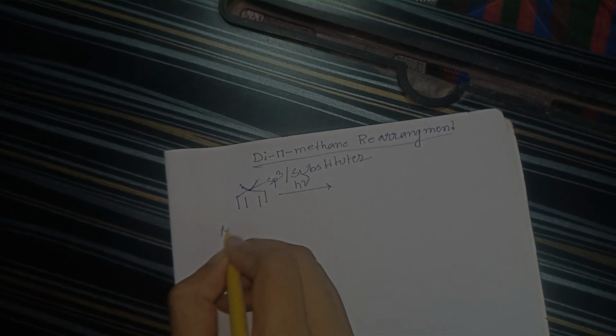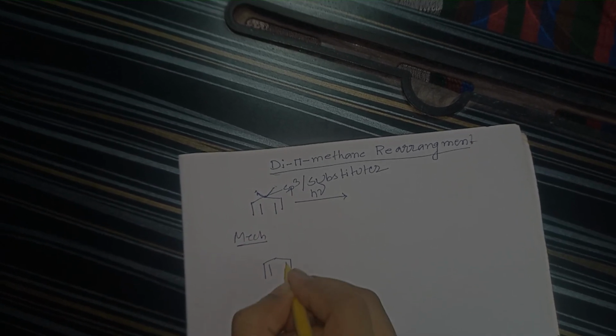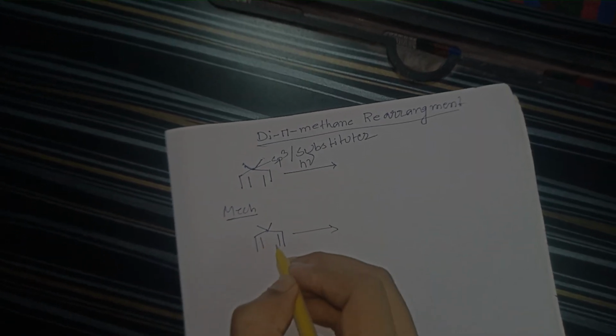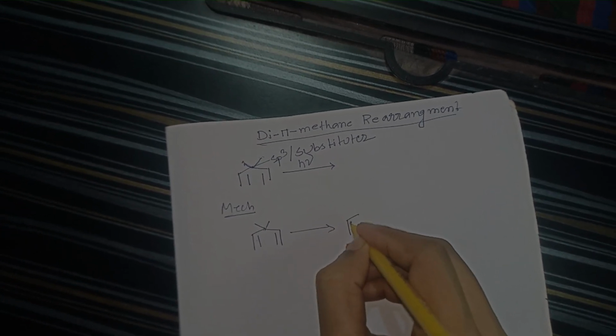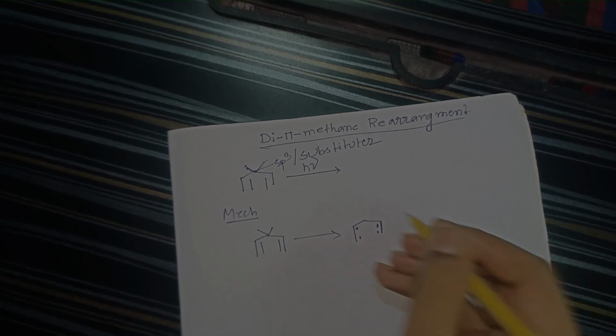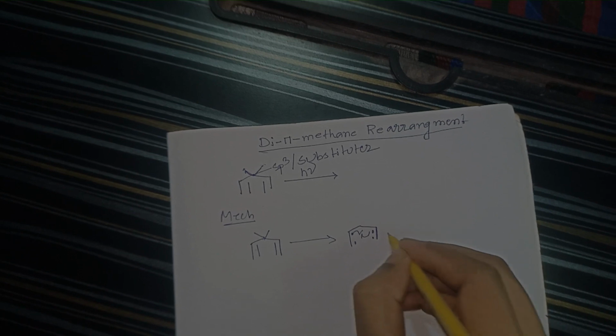The mechanism of this reaction is: first these two double bonds will break, turning into radicals. Then these two radicals form a bond.